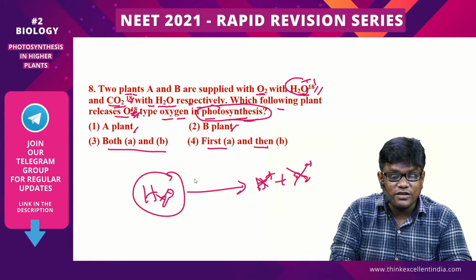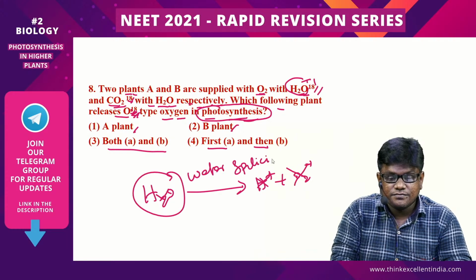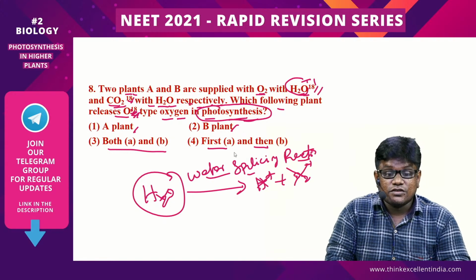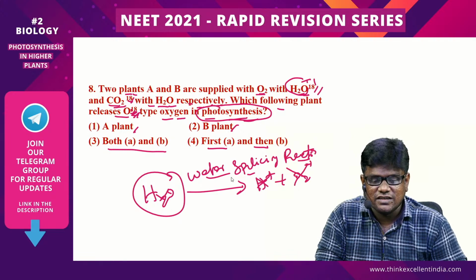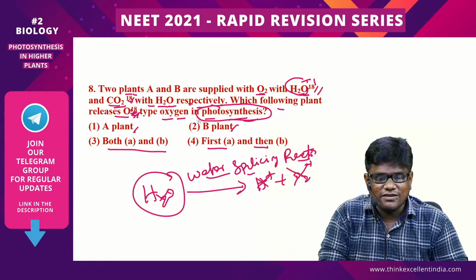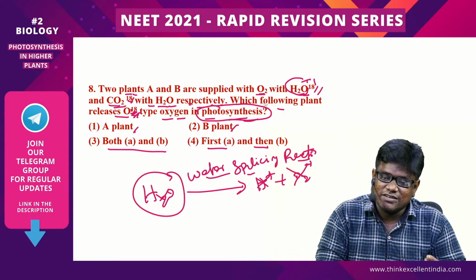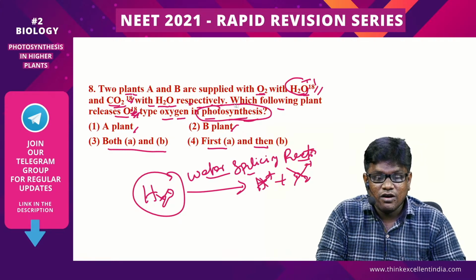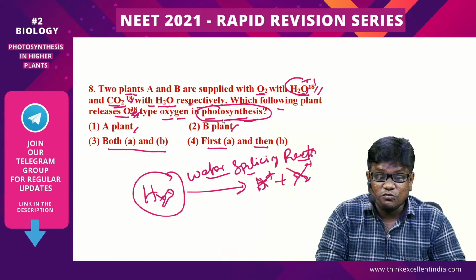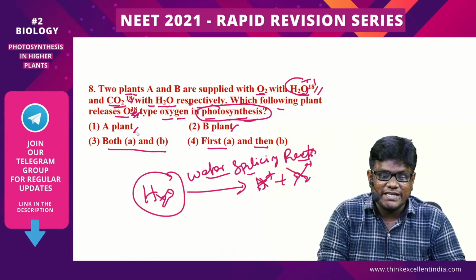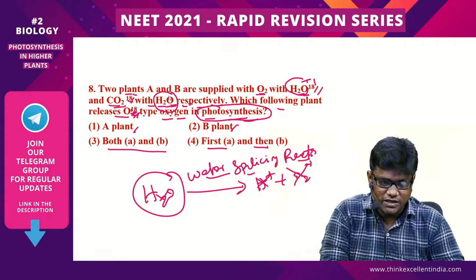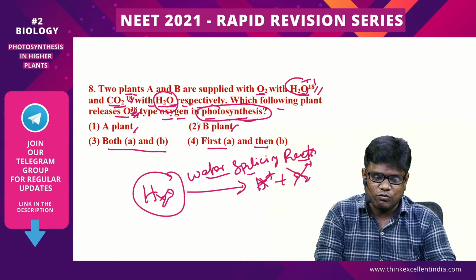So the O2 is nothing but the water splitting reaction. In the water splitting reactions you can see the numbers of 18. Okay, so O2 will be removed, CO2 will be taken in, and with H2O respectively. And from H2O there is going to be a water splitting reaction take over.